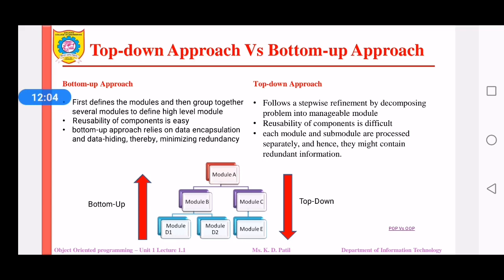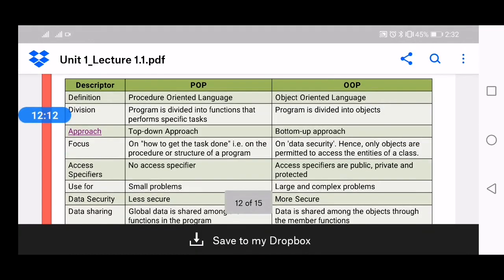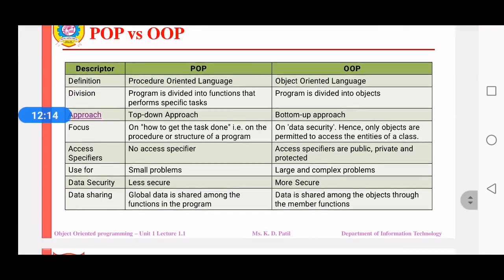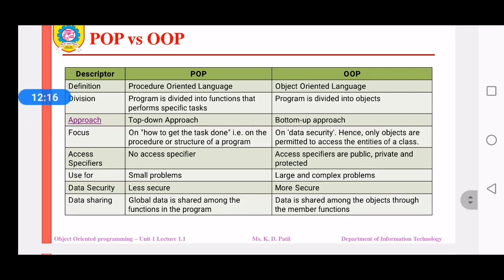What is data encapsulation and data hiding? We will see in the next lectures of this object-oriented programming lecture series. The next difference is, as I told you, procedure-oriented programming focuses on how to get the task done, that is, on the procedure or structure of the program, whereas object-oriented programming focuses more on data security, and hence the objects are permitted to access the entities of a class.